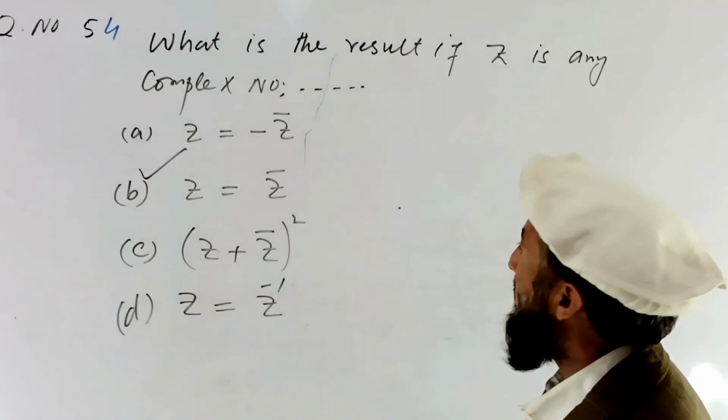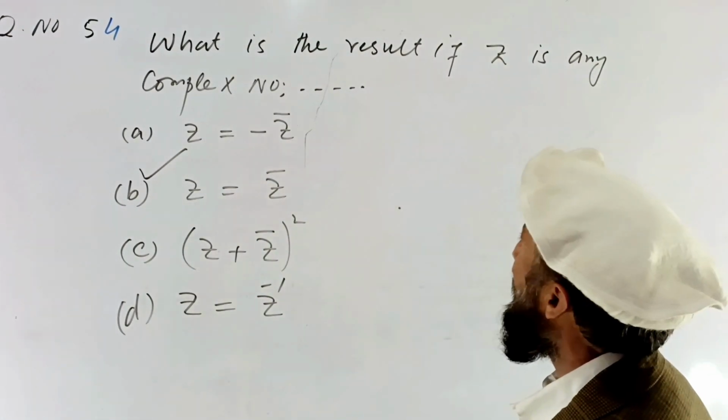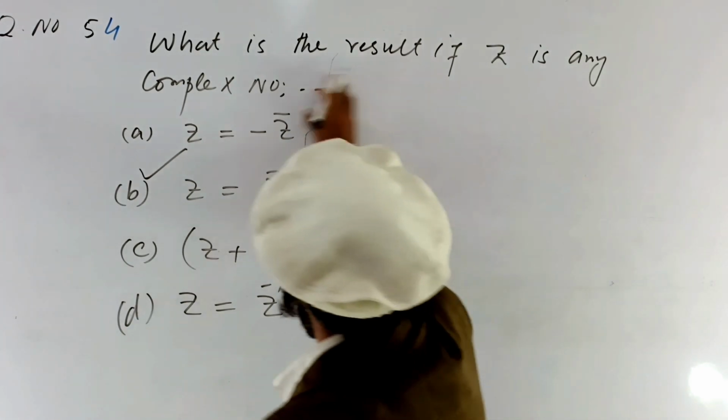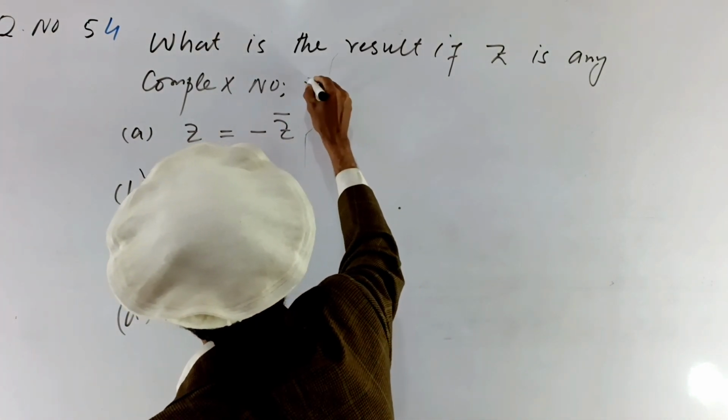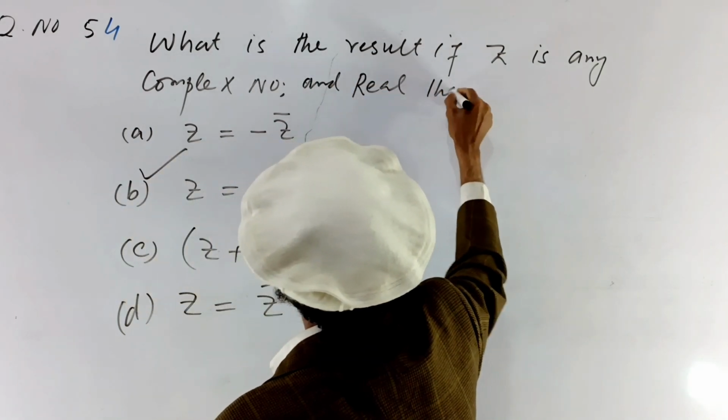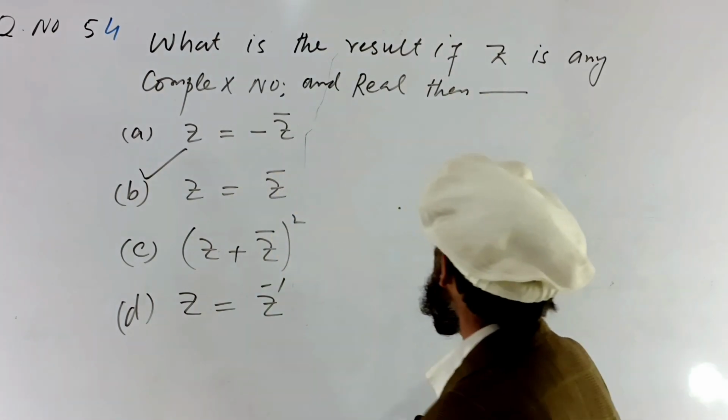If we apply the property that z is any complex number and real, then what is the result?